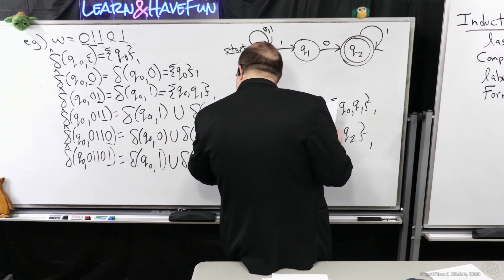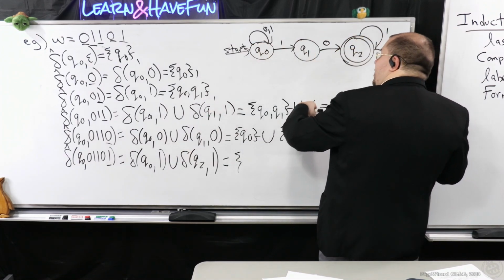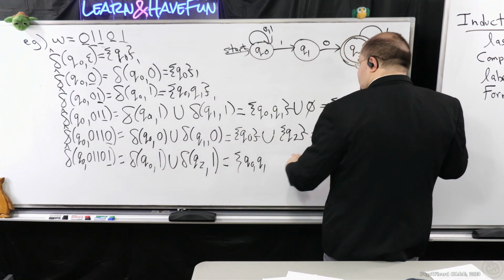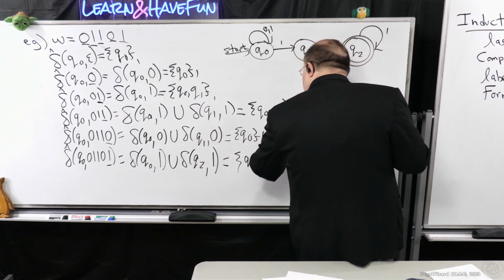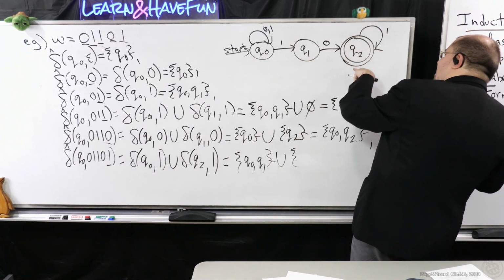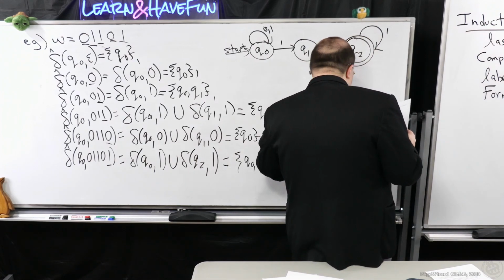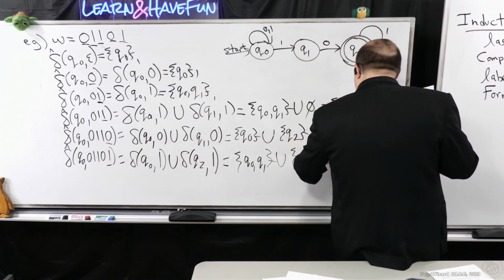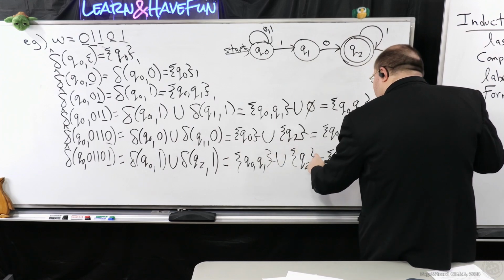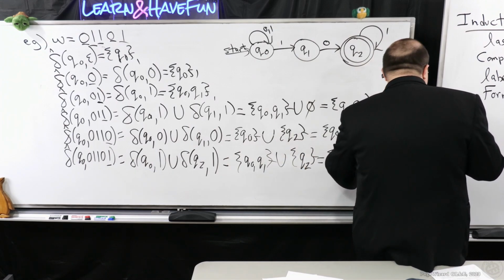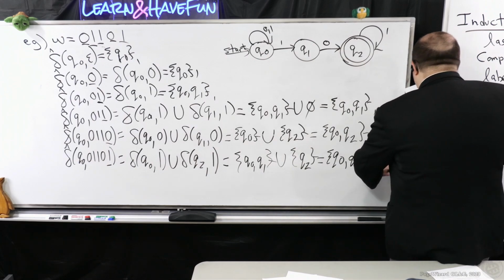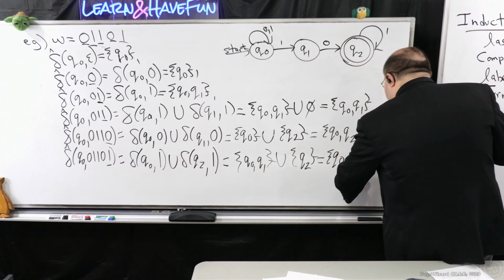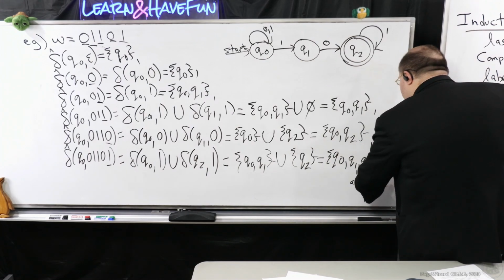On 1, q0 gets q0, q1. However, on q2, when it reads a 1, it stays in q2. So the result will be q0, q1, q2. Please note that q2 is an accepting, or final, state. So it accepts.